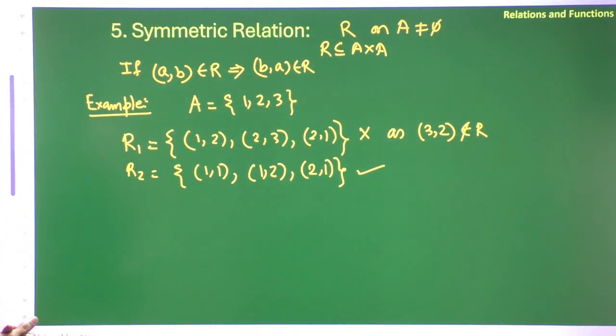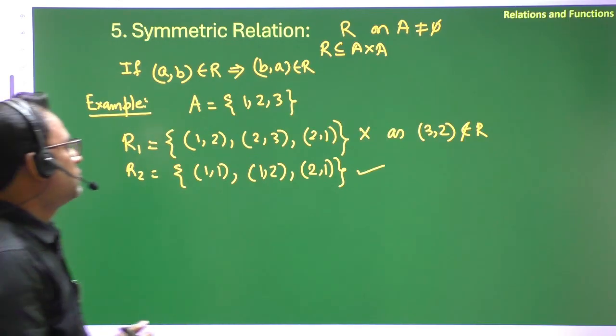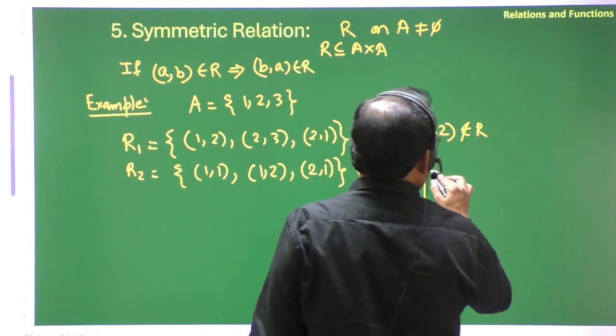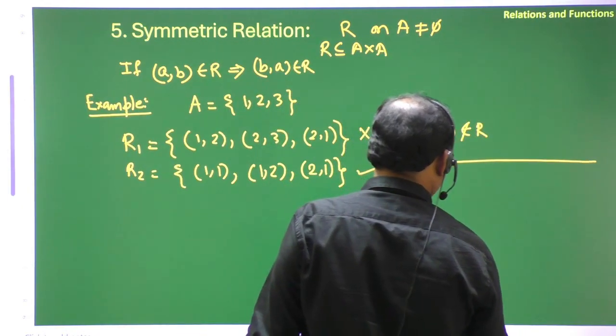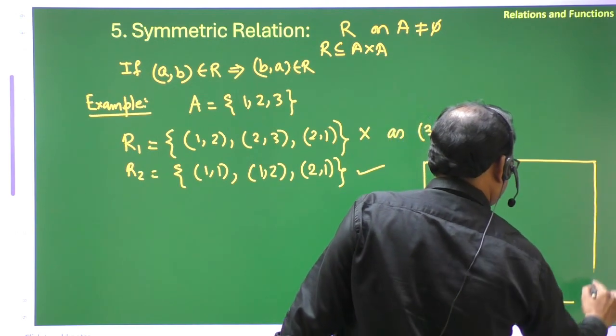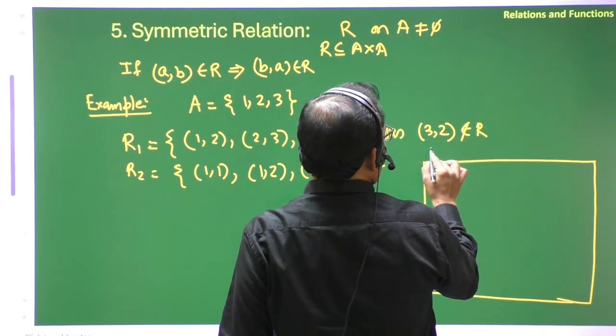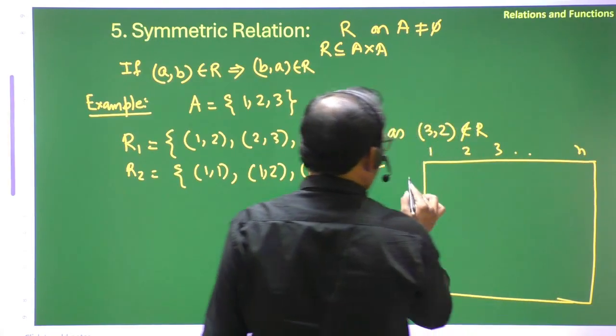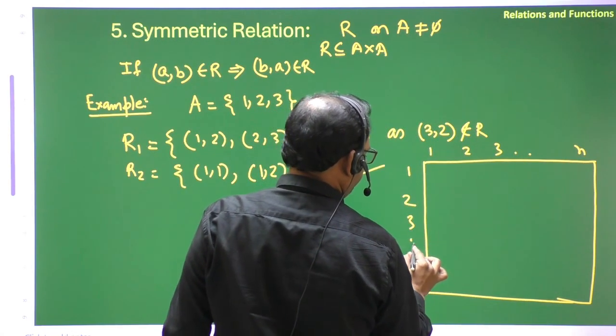Now the question is, how many symmetric relations can we define on a set which has n elements? So for example, suppose we have n elements 1, 2, 3, dot dot dot n, and here also 1, 2, 3.